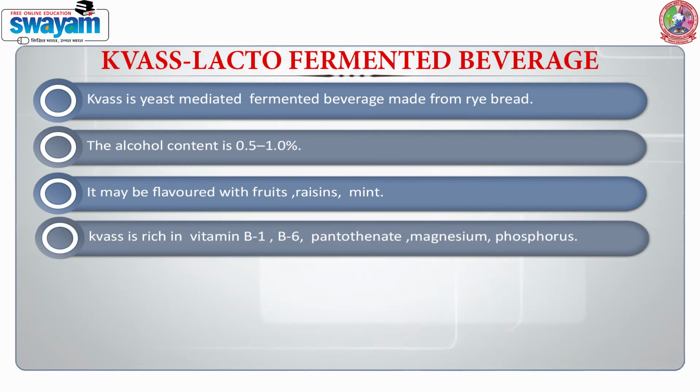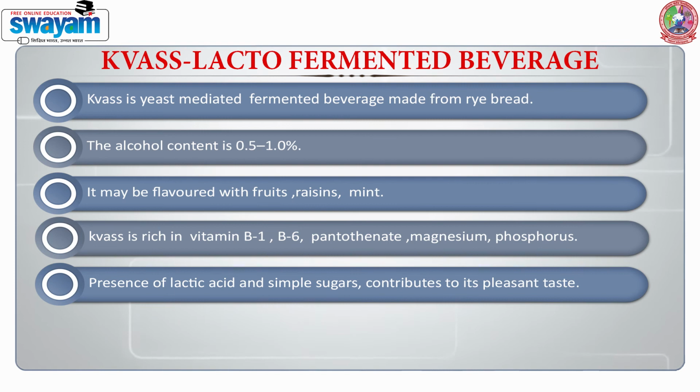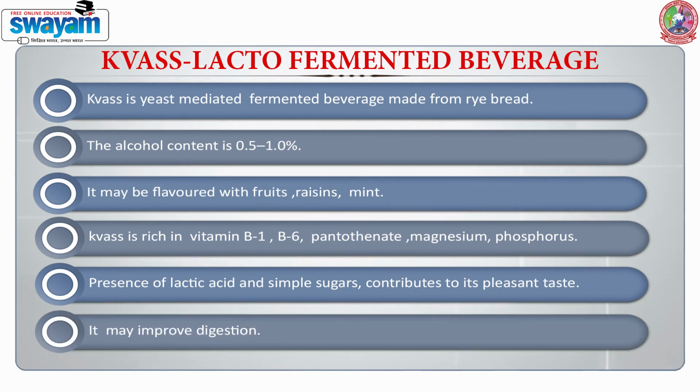Kvass is rich in vitamins such as vitamin B1, B6, pantothenate, and it is also a rich source of minerals like magnesium and phosphorus. The presence of lactic acid and simple sugars contributes to its pleasant taste, and it is also reported to improve the digestion of the consumer.